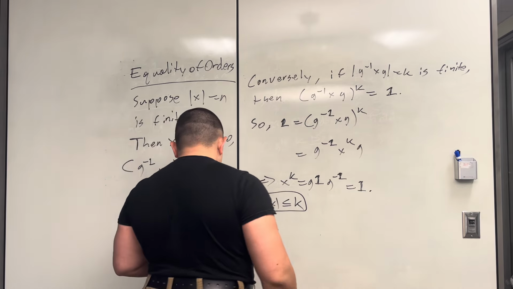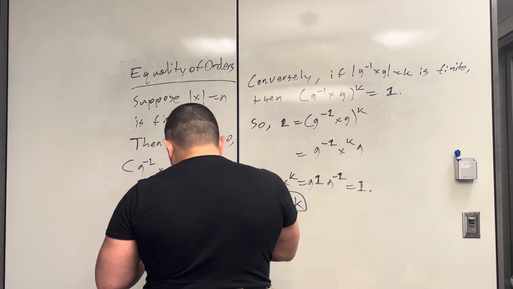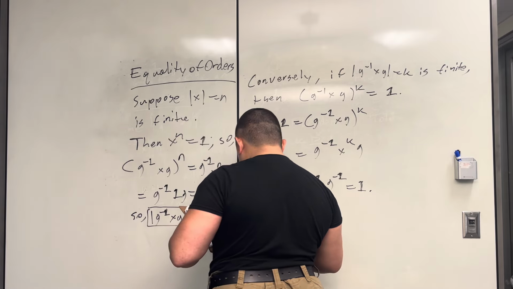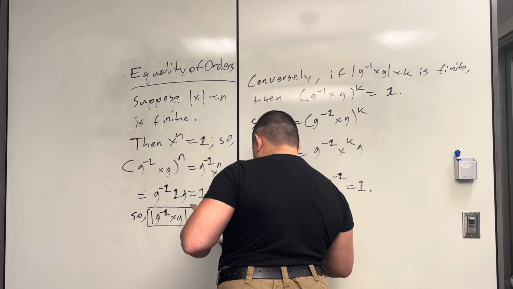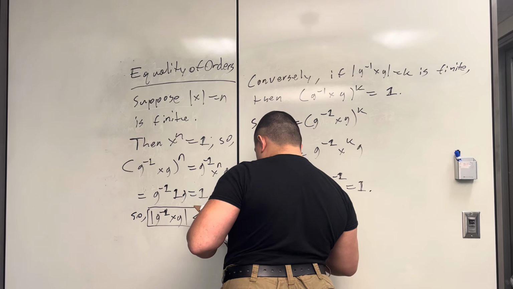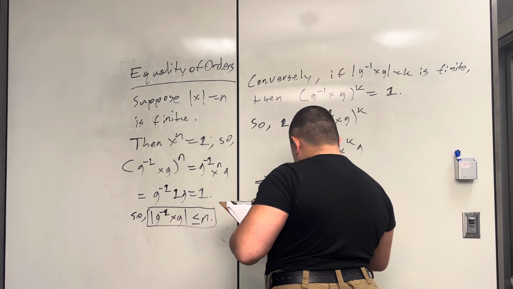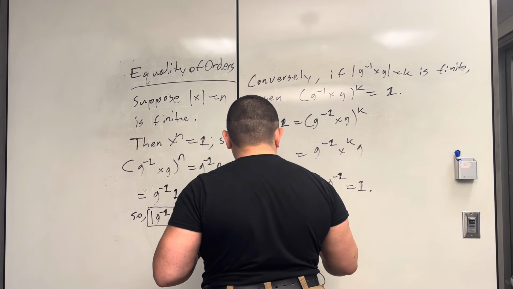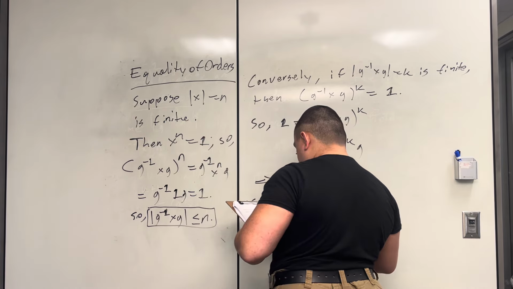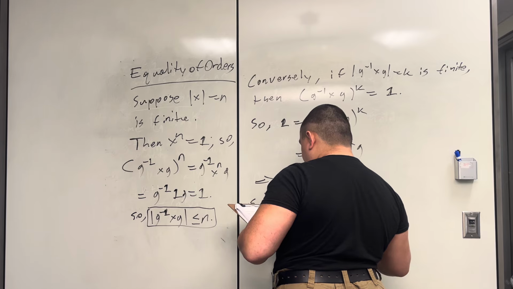So from that, what can we say? Well, therefore, the order of x is equal to the order of g^(-1) x g in the finite case.